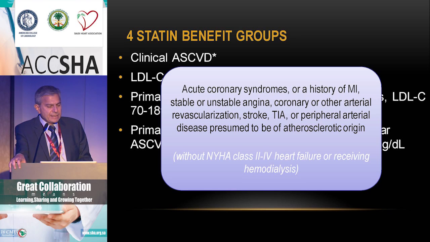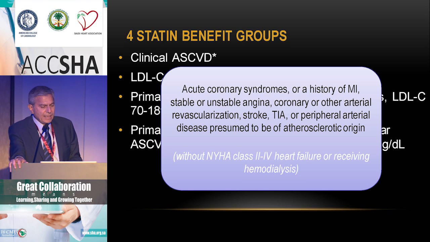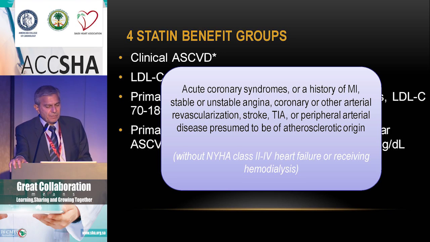The other group is the LDL more than 190 if you're over 21 years of age. The third group is if you're a diabetic age 40 to 75. The fourth group is if you have none of the 3 above, but you have what's called a 10-year atherosclerotic cardiovascular disease risk of more than 7.5%, which means the patient has more than a 7.5% risk of developing a cardiac event, death or MI, within the next 10 years.